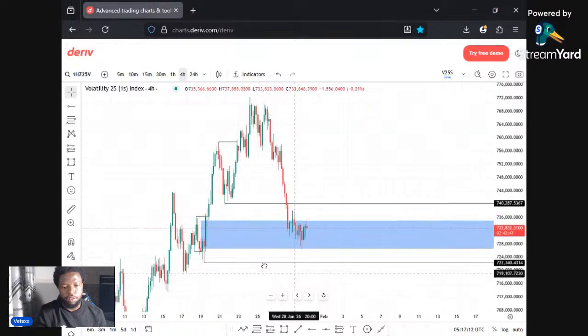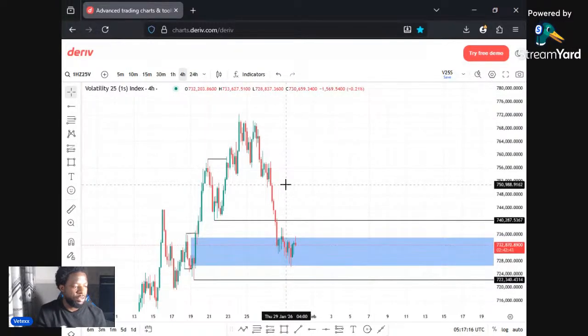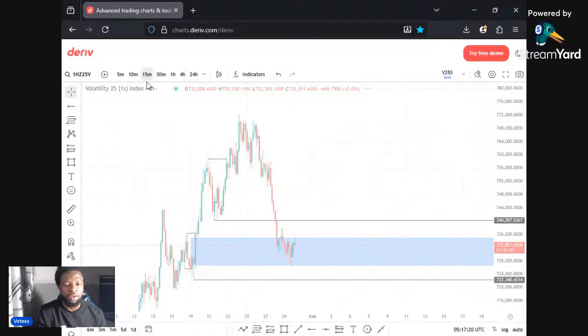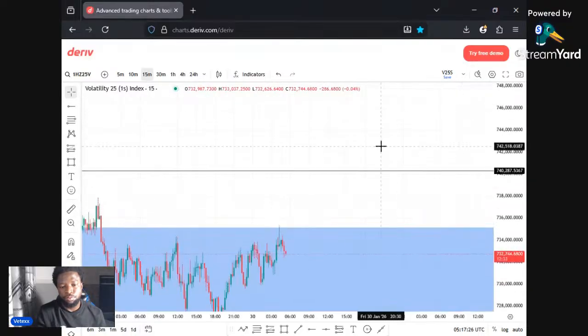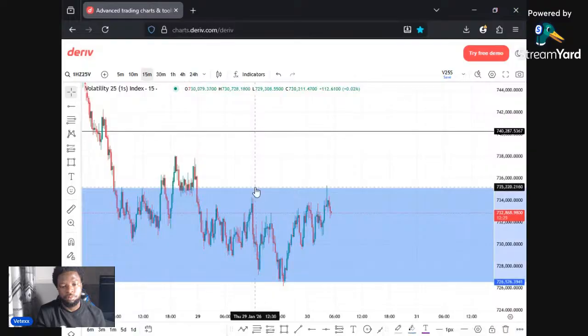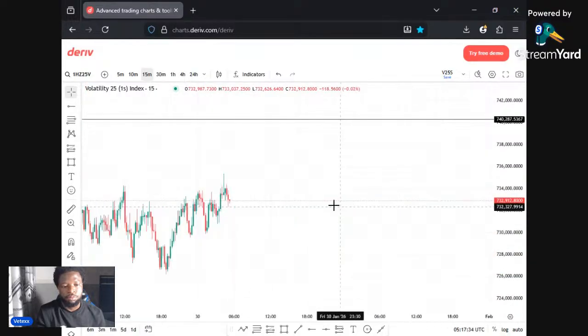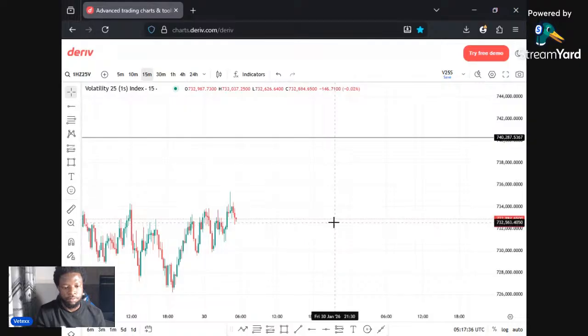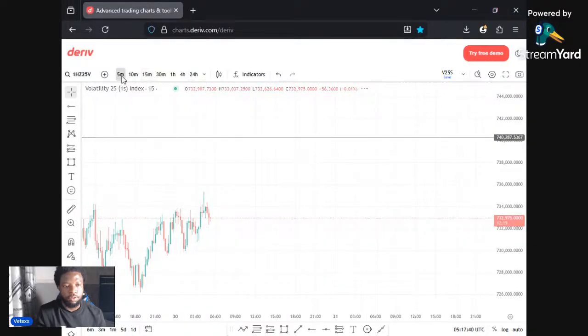See that price has already tapped into this point of interest and it's trying to continue and move in the opposite direction. So what do we do now? Let's get to the 15 minutes time frame and see if we are going to start looking for our continuation setup.